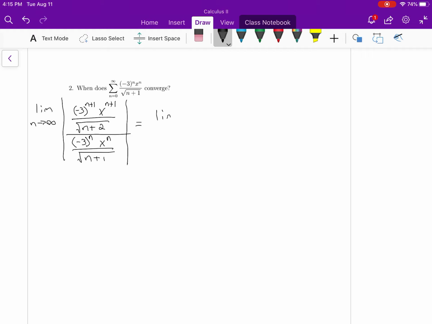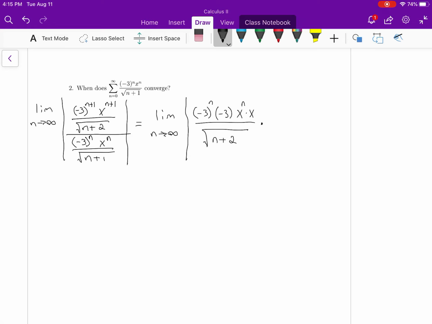And so looking to see how we might be able to simplify this, I see that we have negative 3 to the n times negative 3 times x to the n times x over the square root of n plus 2.